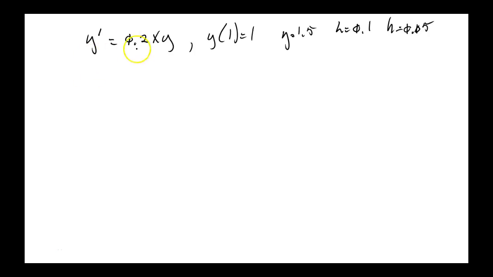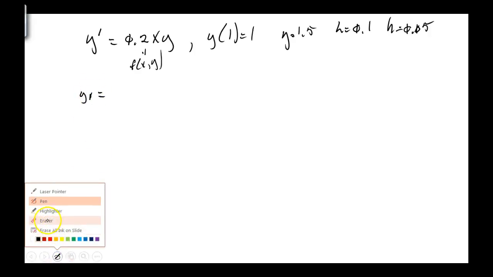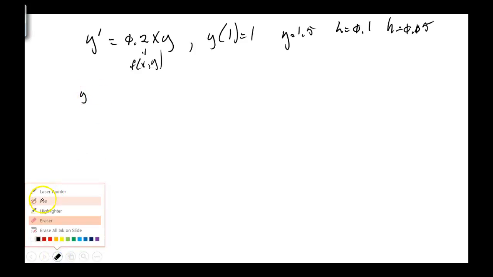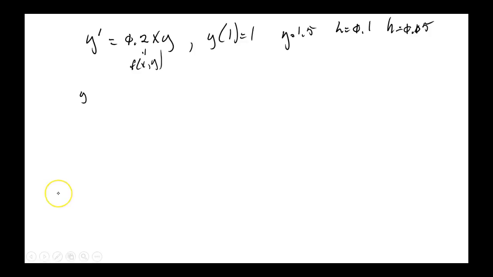All right. This, remember, is your f of x, y. So we're going to start with y1. Y of 1.1. We know what y of 1 is. It's 1.